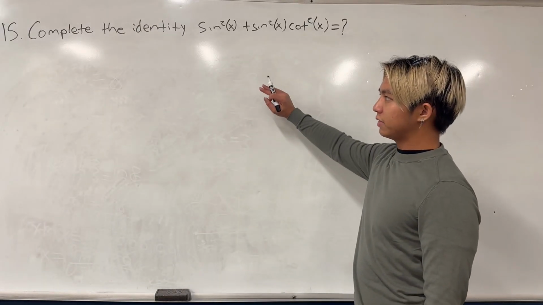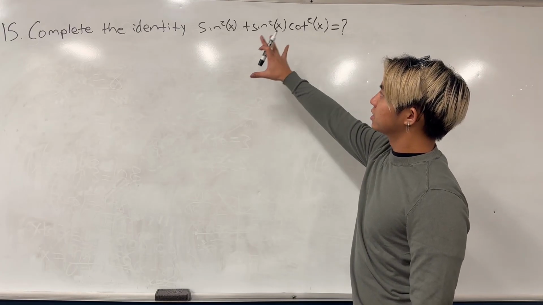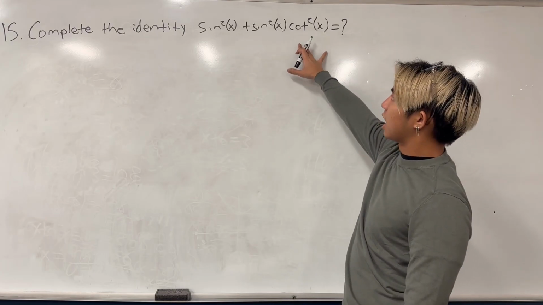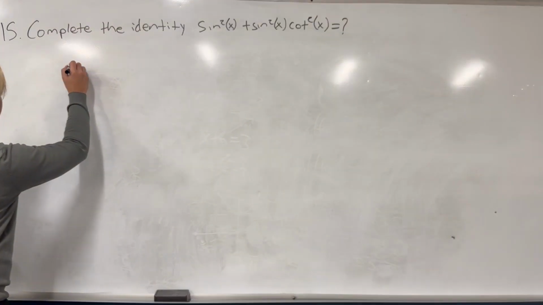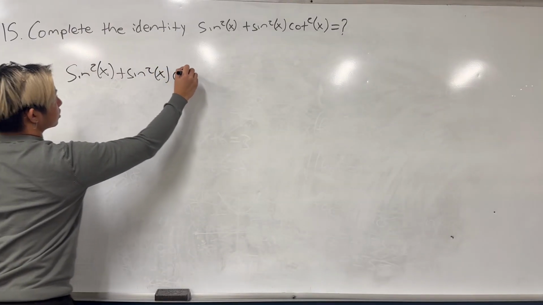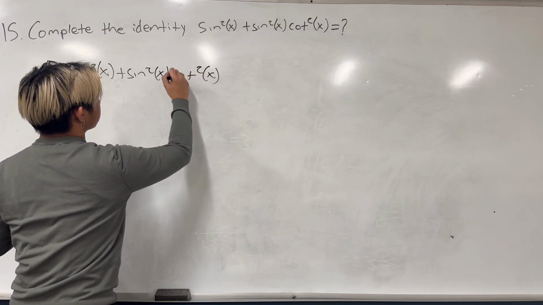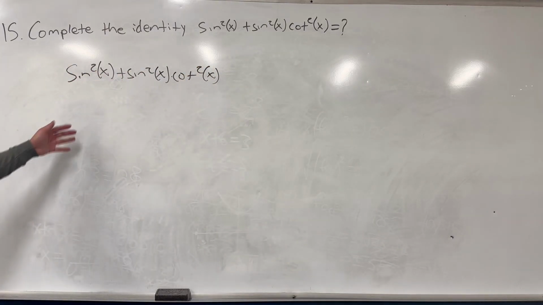Okay, so for question 15, we have: complete the identity sine squared x plus sine squared x times cotangent squared x. So I'm just going to write it down here. Sine squared x plus sine squared x cotangent squared x. Okay, so I kind of have to go in order here.